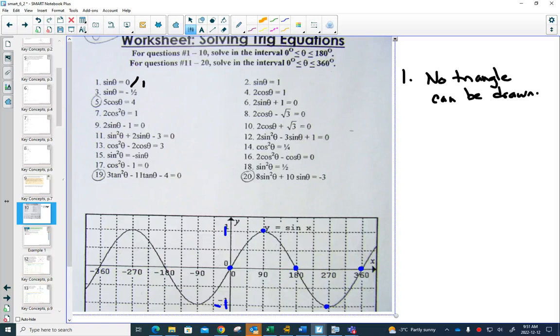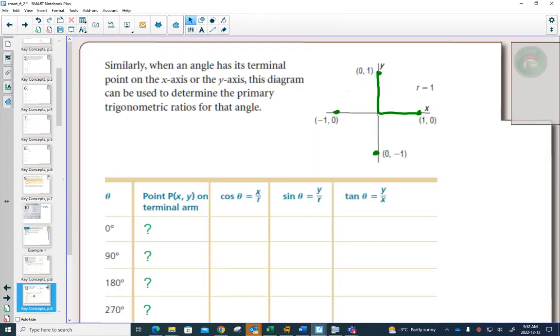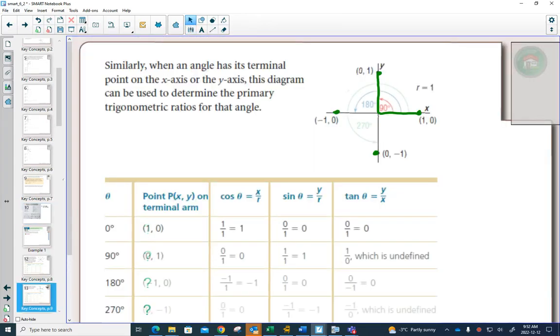On the ones that you can't draw a triangle, you're going to have to look at your graphs or the chart that we just had, and this chart is on page, I'll pull it up here. This chart was on page 444.